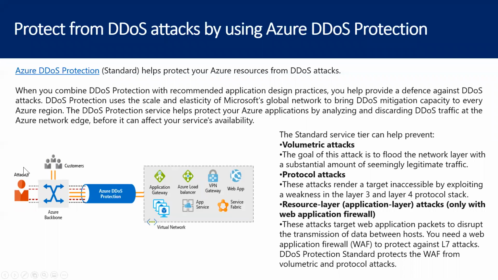If any attackers are trying to attack your application or your network, coming in large workloads, flooding requests to your network, this Azure DDoS protection can monitor those kinds of attacks, and it can immediately take action against that.